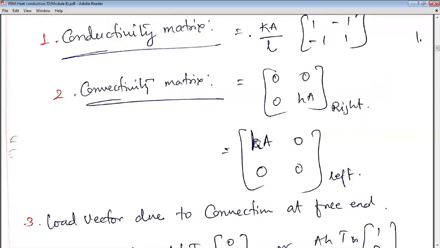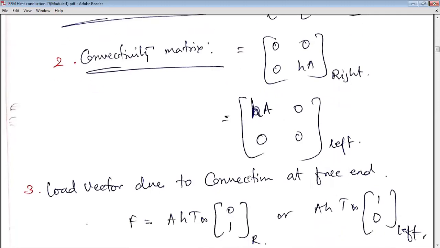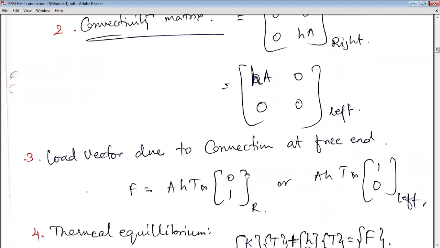Here it is first row, first column, the first element. Top left, you will see HA. Bottom right, you will see HA. A is the area exposed. So if it is right, you use this matrix. If it is to the left, use this matrix. I will explain what it is later on. So, load vector due to convection at free end.